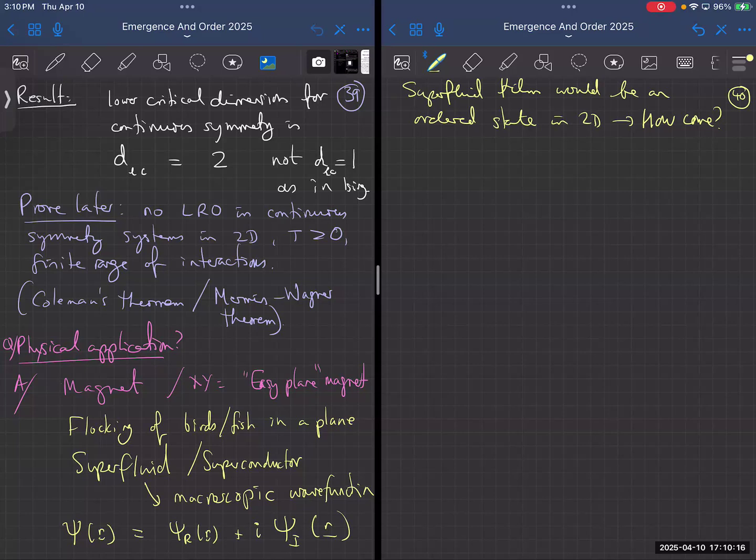Yeah, quick question. In the Mermin-Wagner theorem, you said continuous symmetry in the spin space. But here it's not a lattice anymore, right? No. But at each point, it doesn't matter whether the physical space is discrete or continuous.